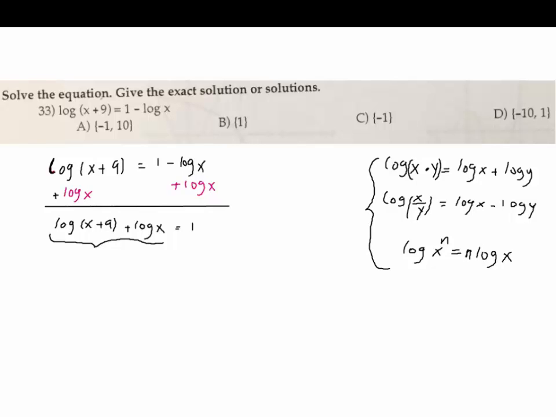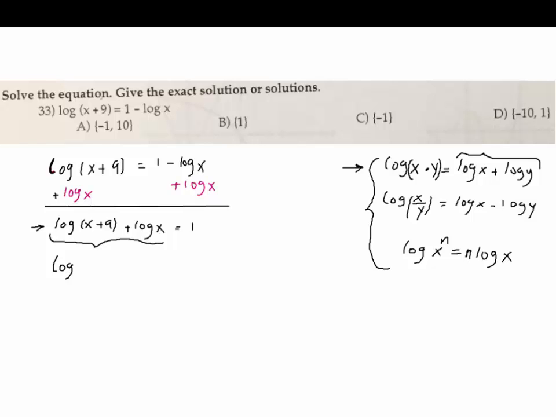Alright, so looks like we can use the first one because we have log of x plus log of y. So can somebody tell me what this would become then? If I want to combine this log, that would be log of what? Just by looking at that property, how do you combine these? Anybody with the mic, you want to tell me?